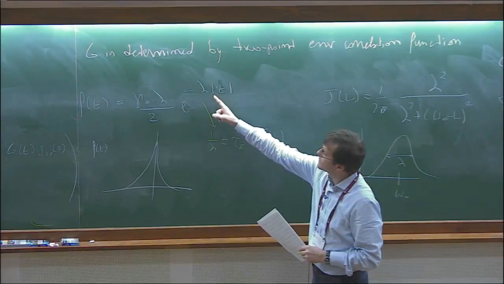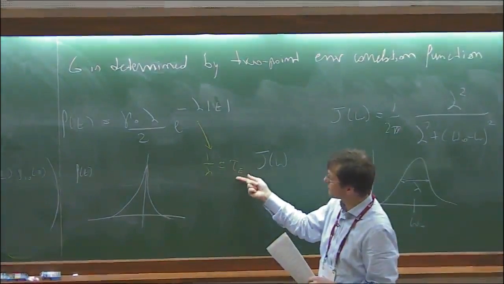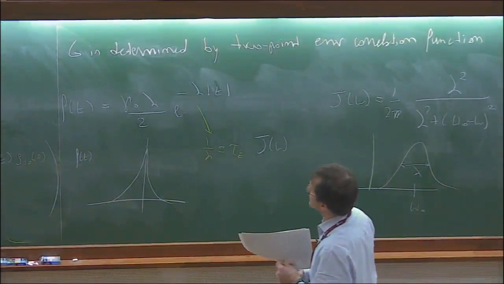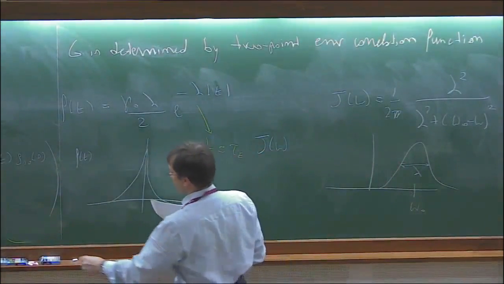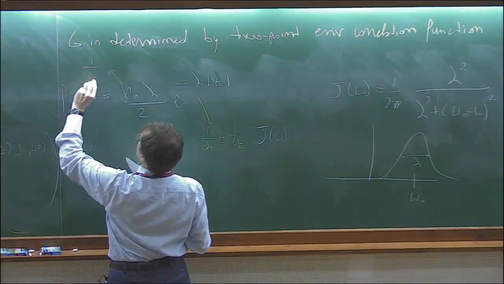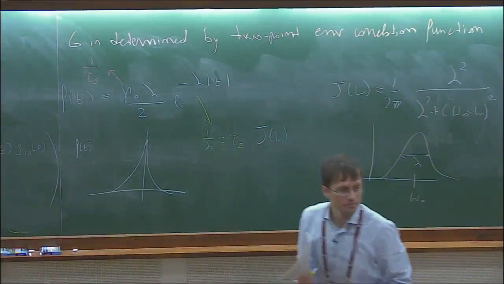Fine. So this expression tells us that we have a typical time scale for the environment, while gamma 0 can be taken as a typical time scale for the system.